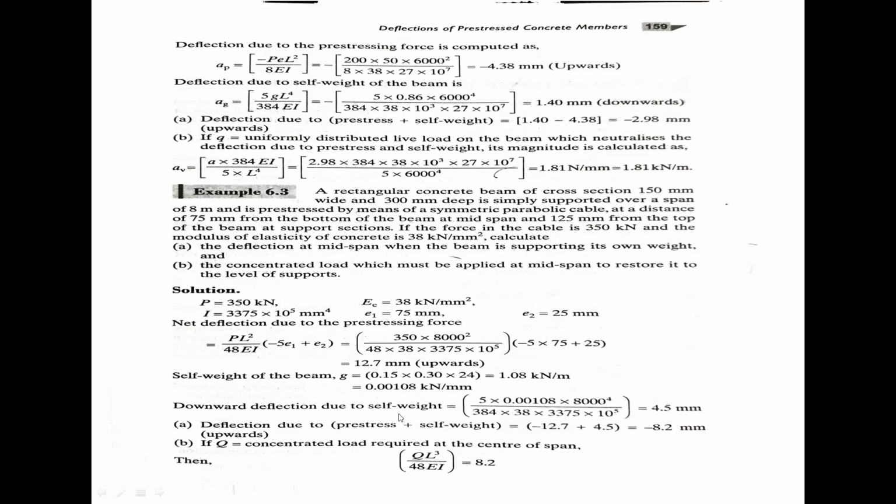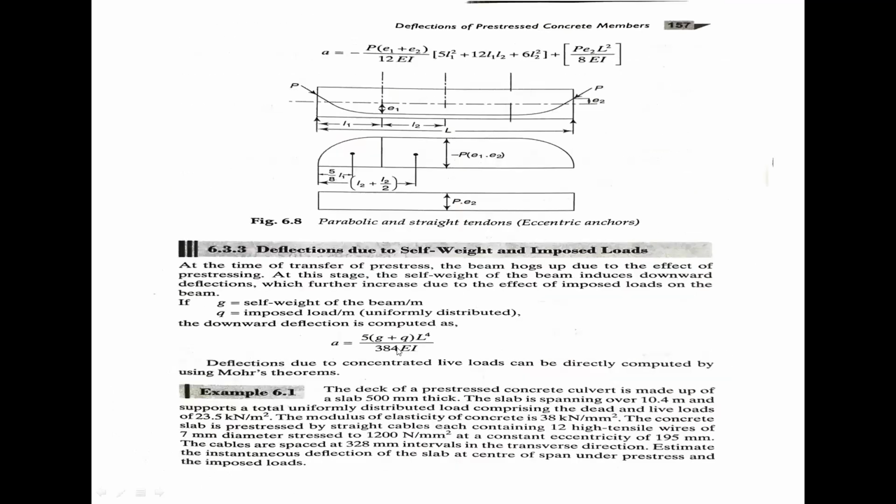Due to self weight, the deflection formula is 5gL to the power 4 divided by 384EI. Now the values: g is 0.00108, and for the clear span L to the power 4, L is 8 meters, converted to 8000 mm. You have to use this formula for calculating the deflection due to self weight and dead load.